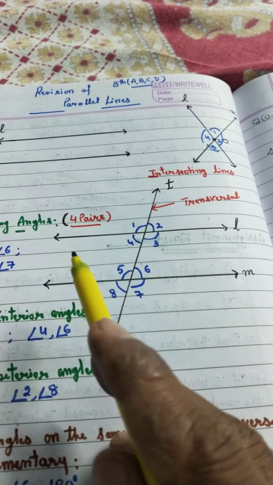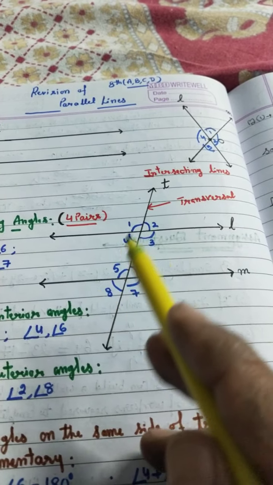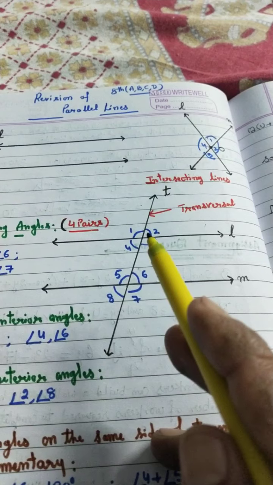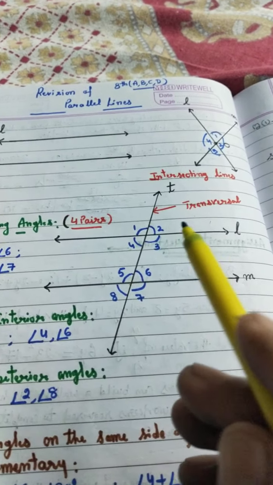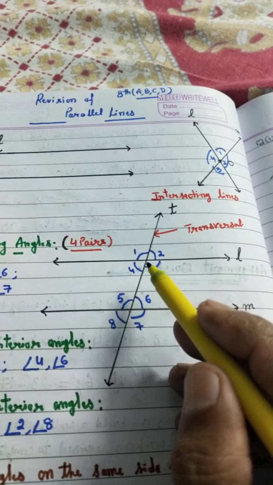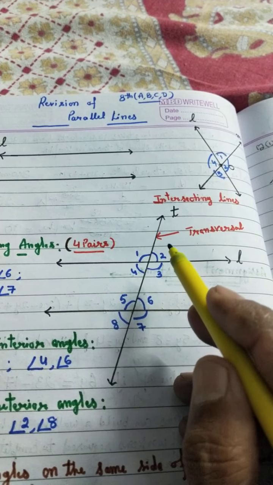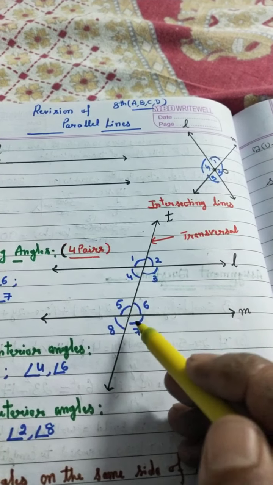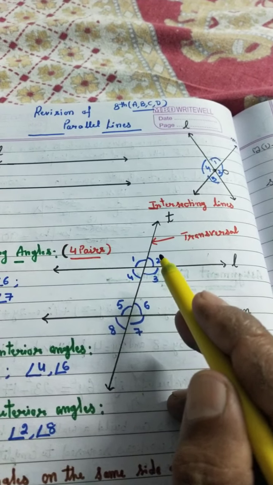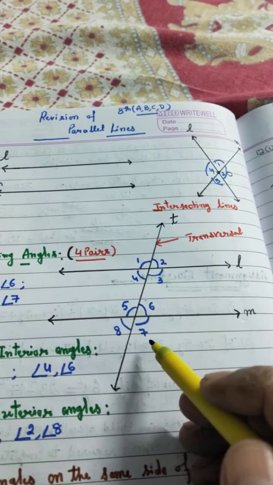Here L and M are two parallel lines, and there is a transversal. If a transversal intersects two parallel lines at 2 points, then this transversal makes 8 angles.